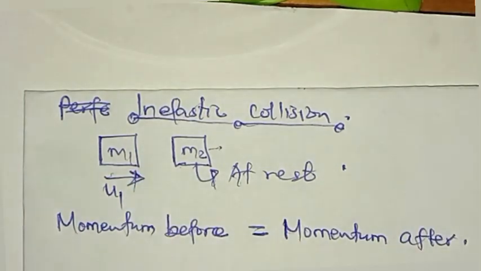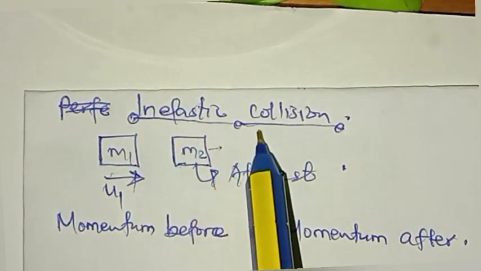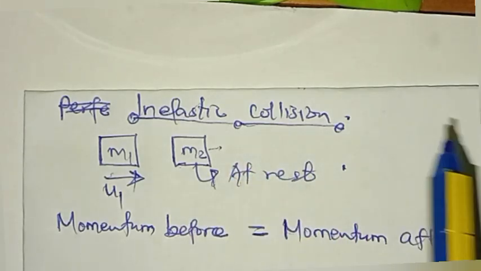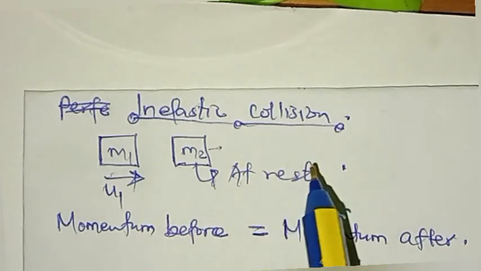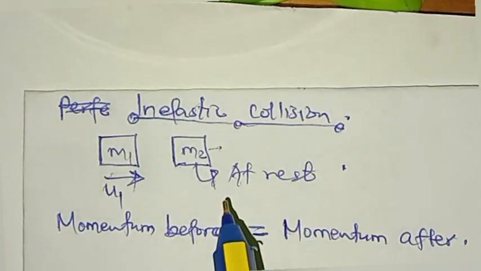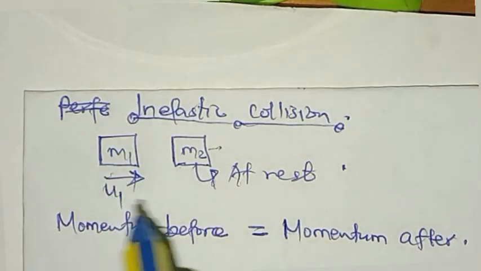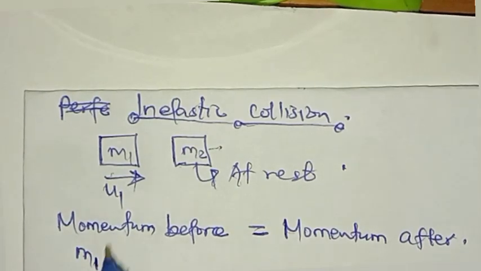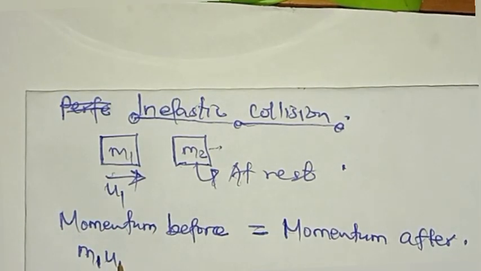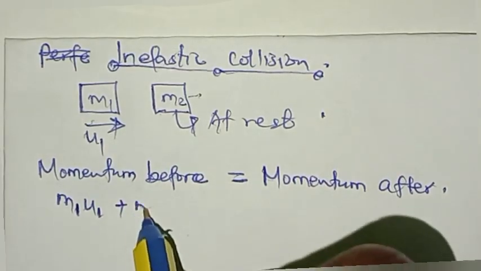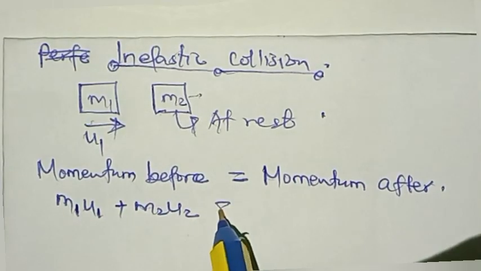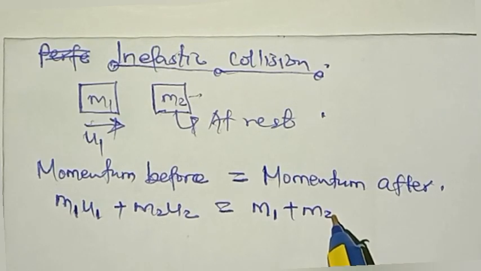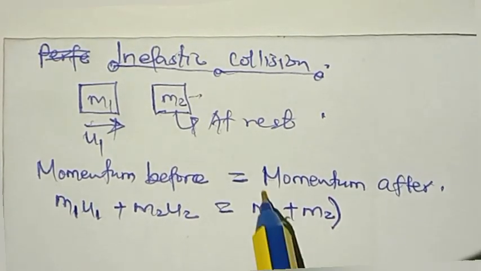So in this case, in inelastic collision, the bodies will move together after colliding. They will move in contact. So here the formula we use is momentum m1u1 plus m2u2 equals m1 plus m2 times v.